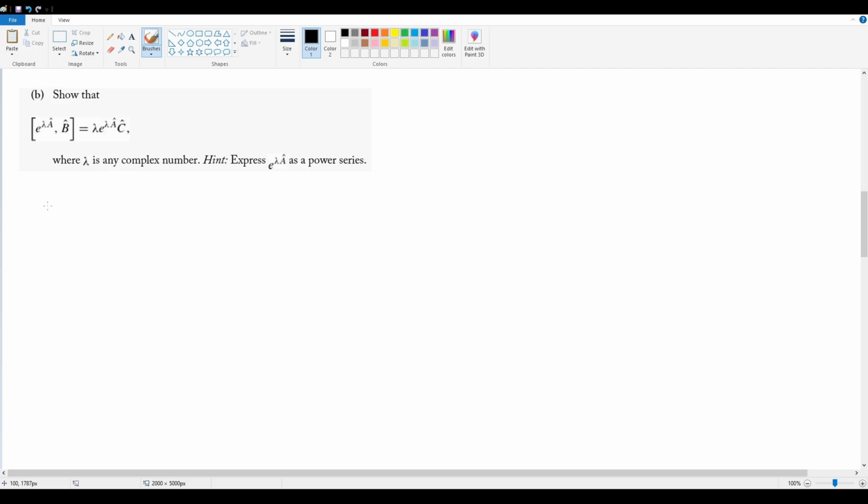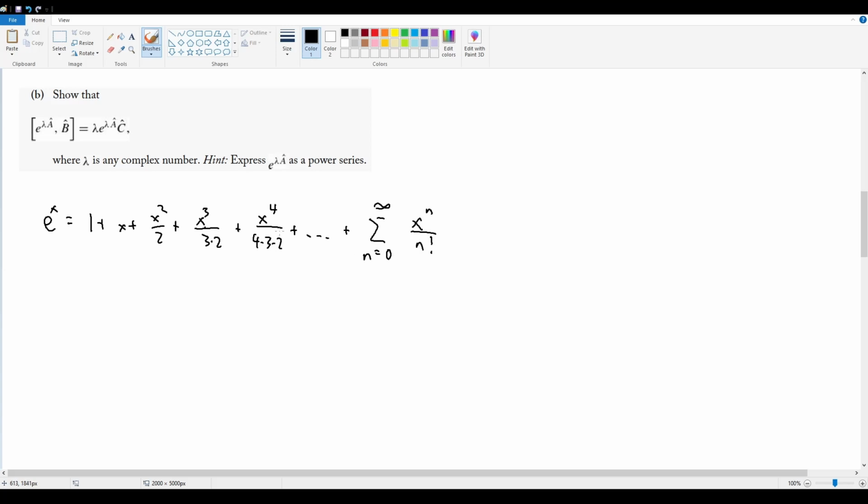The power series for an exponential is e to the power of x equals 1 plus x plus x squared over 2 plus x cubed over 3 times 2 plus x fourth over 4 times 3 times 2, plus and so on. In summation notation, this is equal to the sum from n equals 0 to infinity of x to the power of n over n factorial.